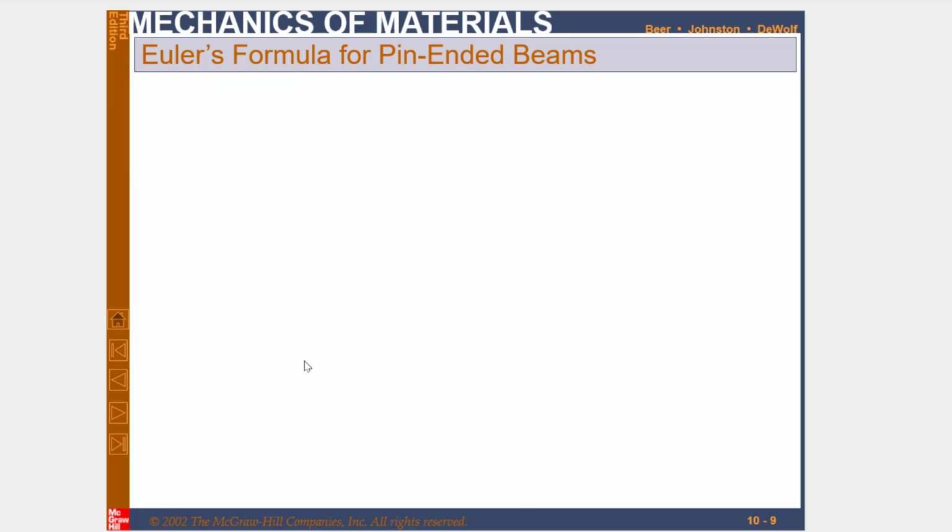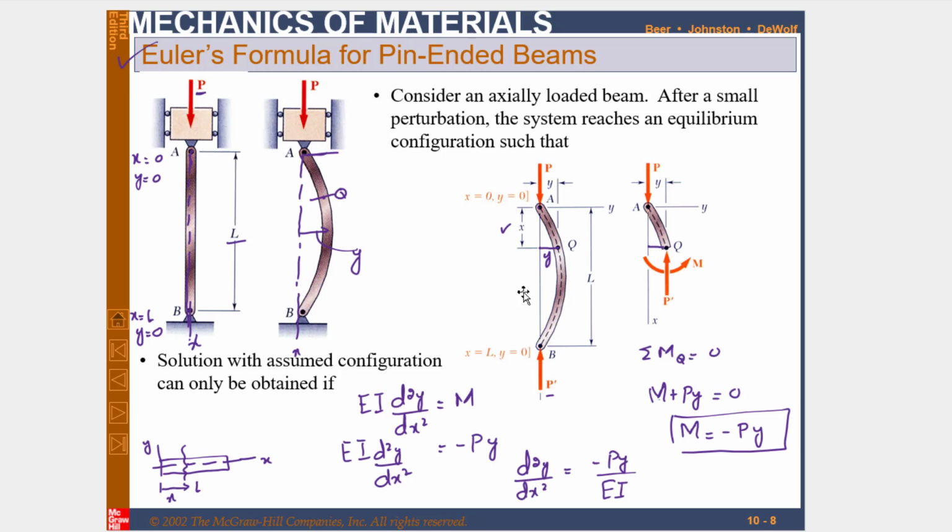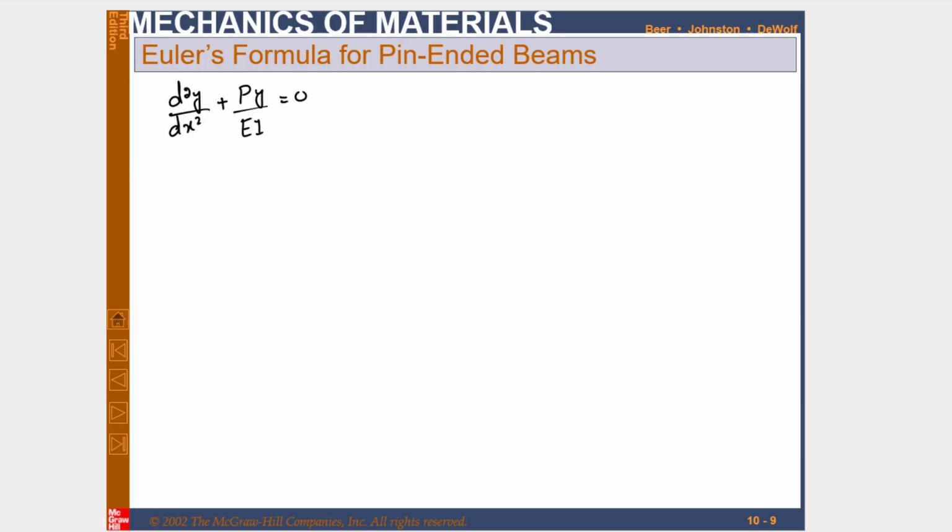Okay, so when you further solve this equation, you can see d square y over dx square minus p into y divided by EI is equal to 0, because you have moved the right side term to the left side, so it will be plus.